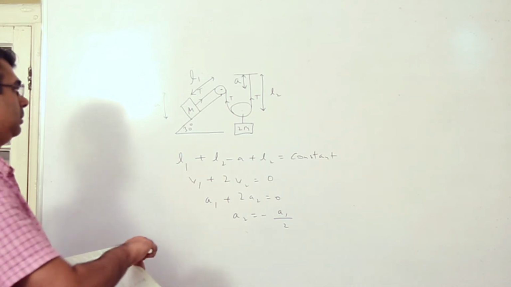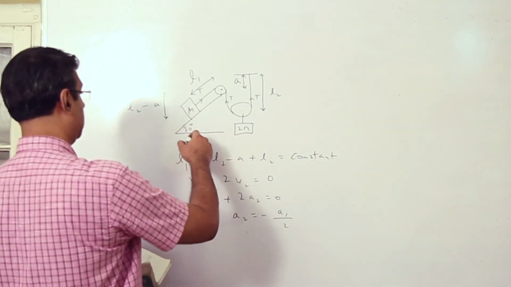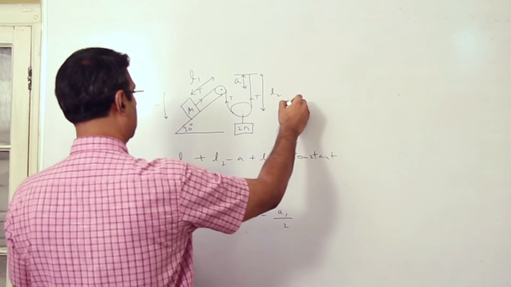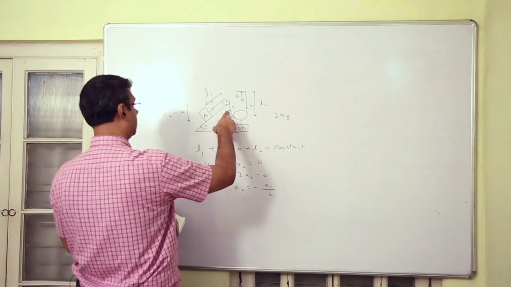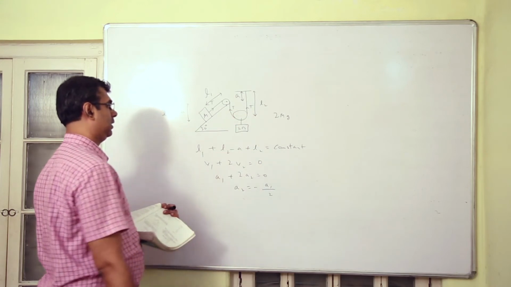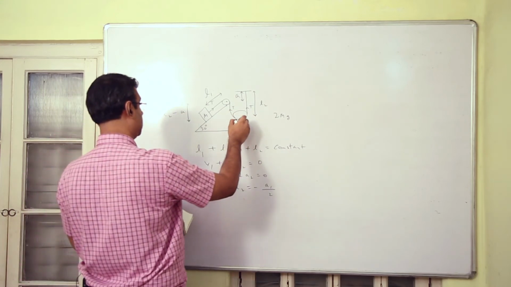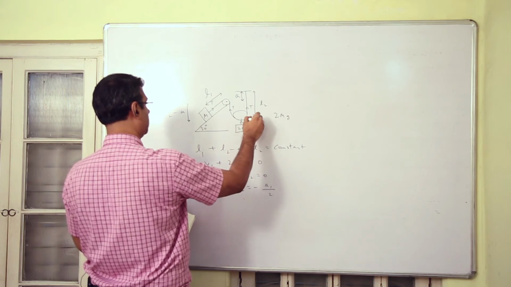So keeping that in mind, the motion, let us say this block is going down, so its weight is 2 mg. Naturally, there are two segments each having tension T, so the support on this block will be 2T.